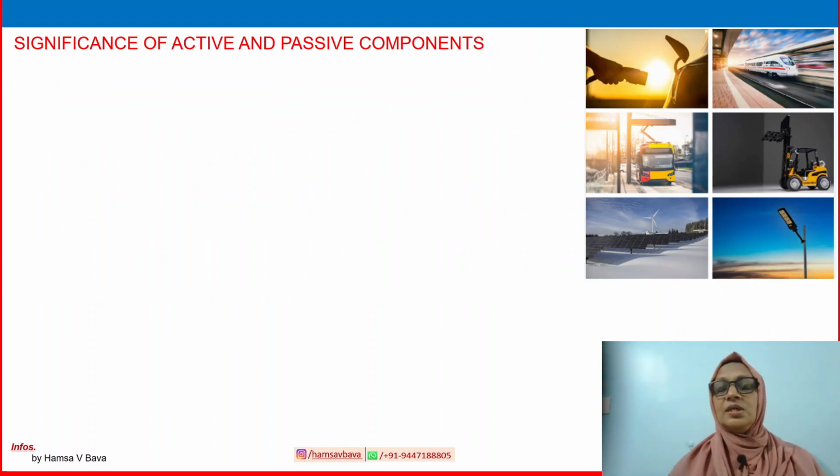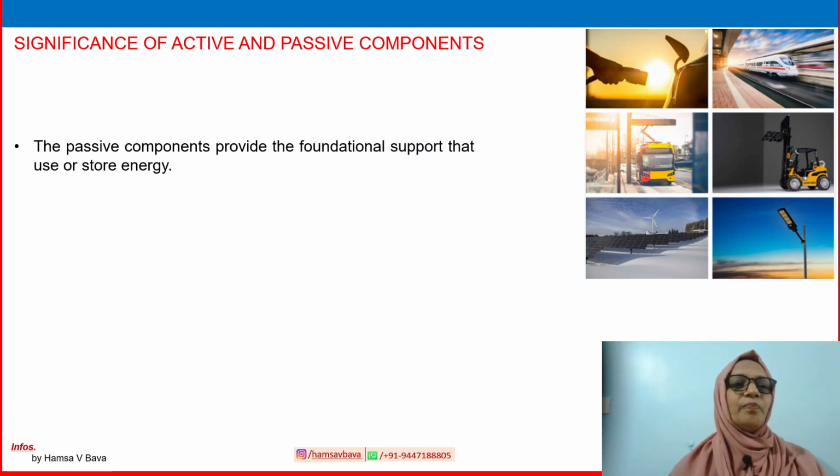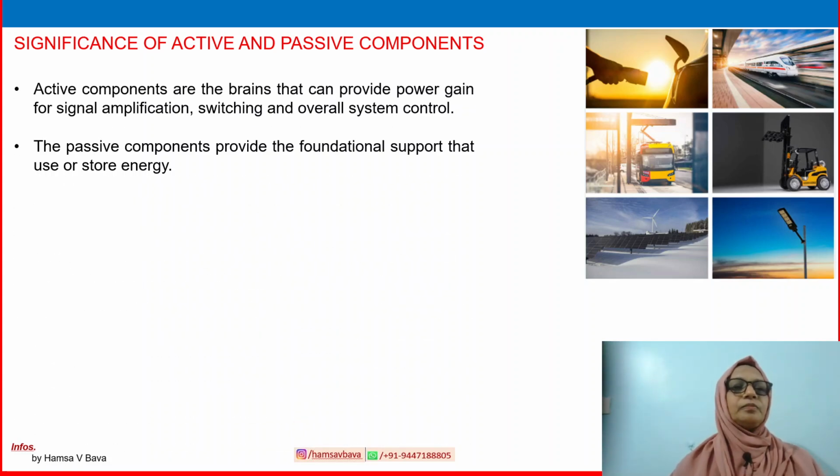So we have seen some of the applications of active as well as passive components in industry. So what is the significance? The passive components provide the foundational support that use or store energy. So in the circuit, we can use the passive components to store or consume energy.